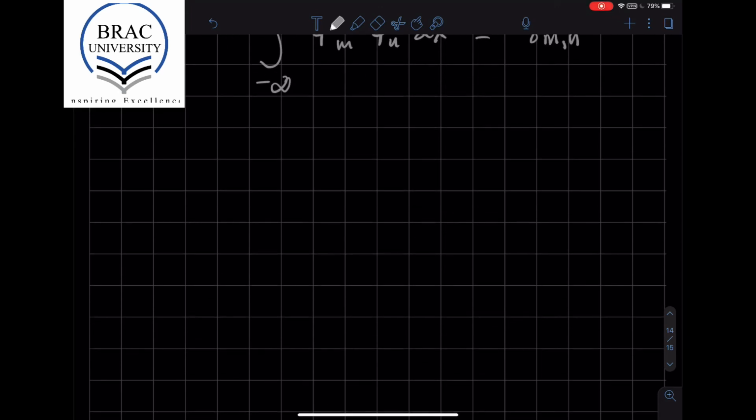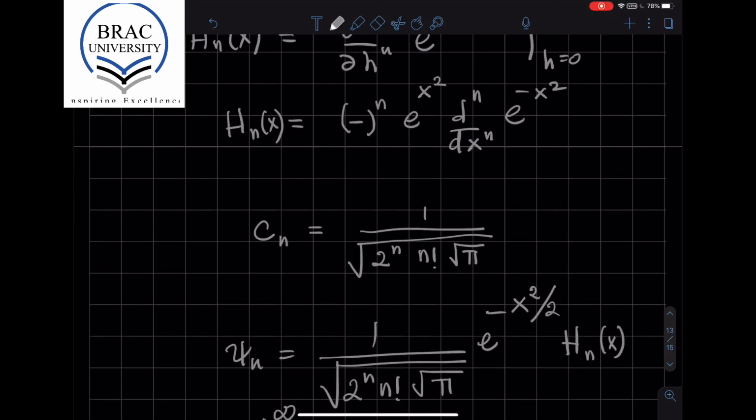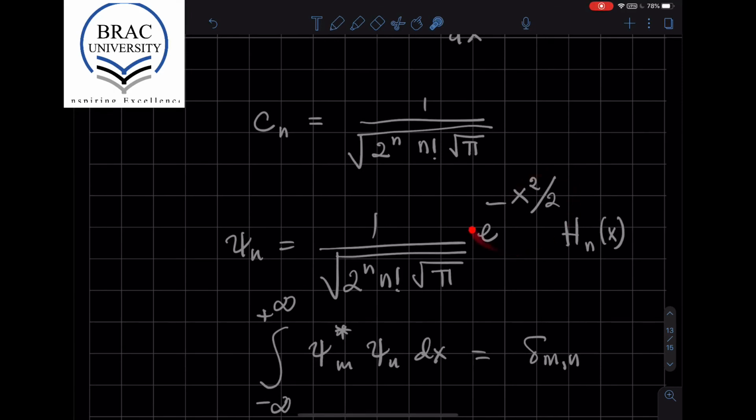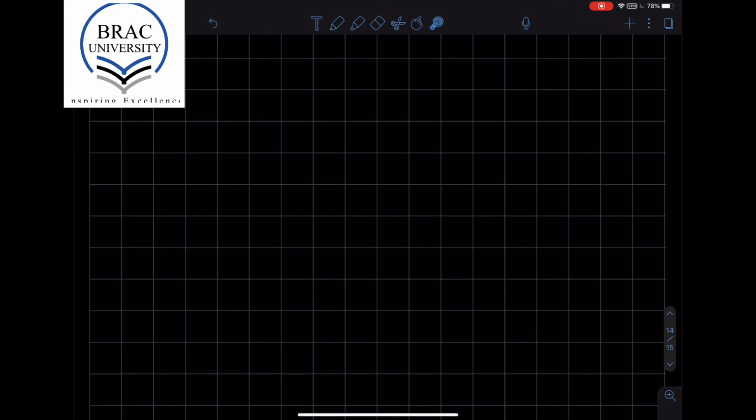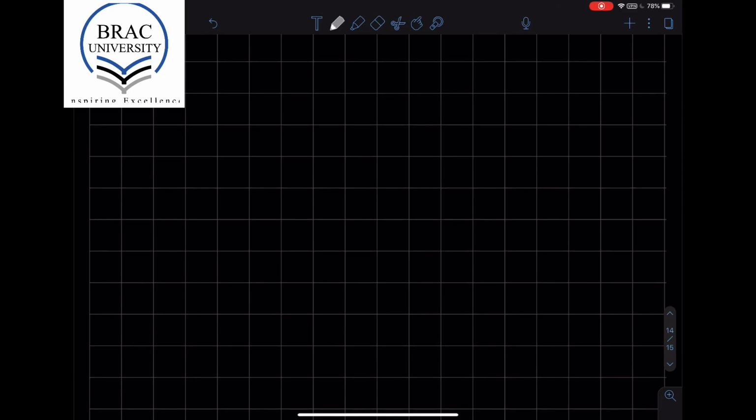Now another thing to discuss is that because this is an even function and the Hermite polynomials are either even or odd functions, if a Hermite polynomial is odd, then psi of n is odd. If the Hermite polynomial is even, this is even. Of course, this is a result of something that we discussed in a previous lecture, when we showed that if we have a potential which is symmetric, then its wave functions are either even or odd.